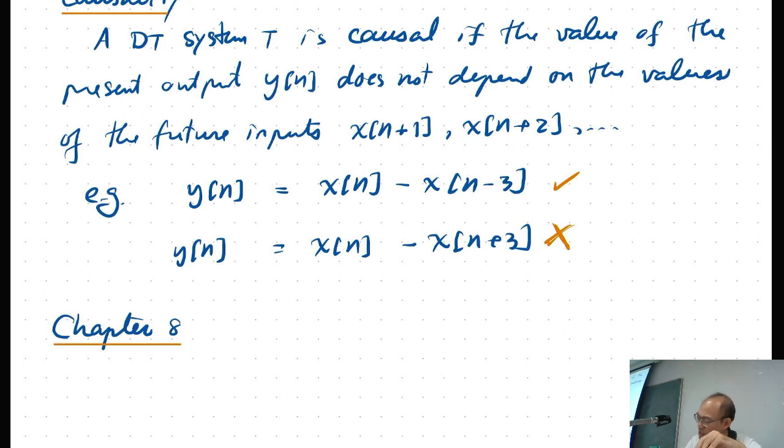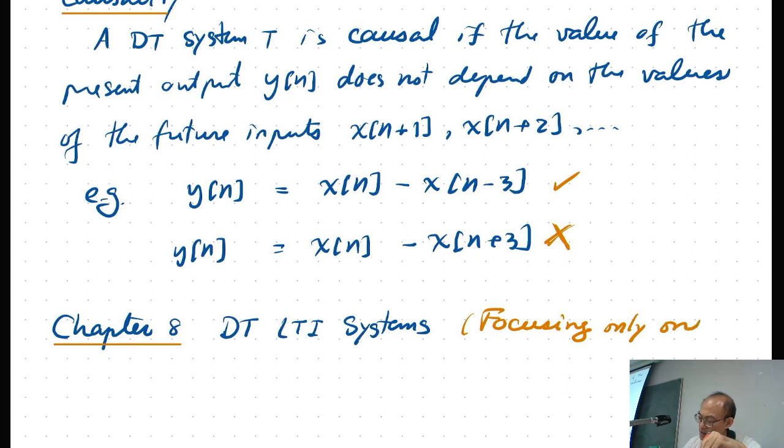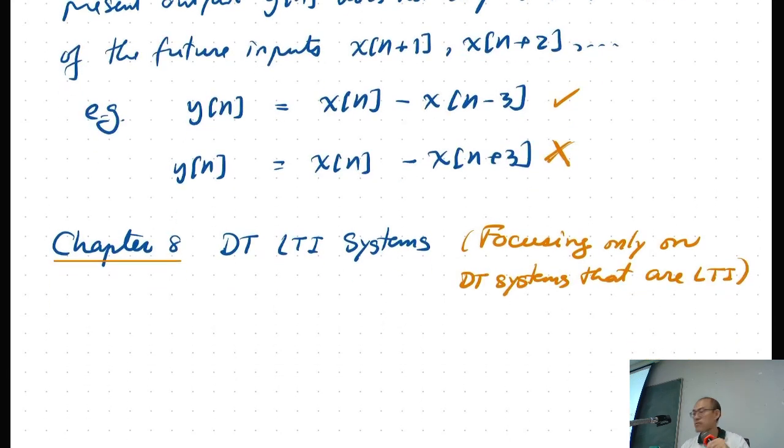We're not talking about any other systems. So this chapter is called discrete time, linear time invariant systems. We're focusing only on discrete time systems that are linear time invariant.